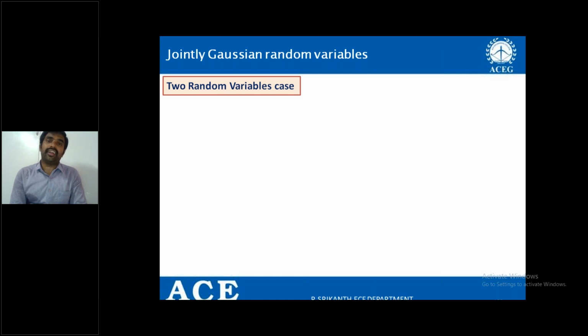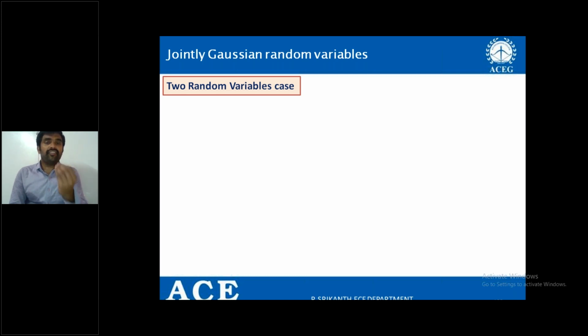In the central limit theorem also we have discussed that if the same experiment is done n number of times, or if n number of density functions are added together, the resultant random variable, or the resultant density function, is going to be Gaussian, right?